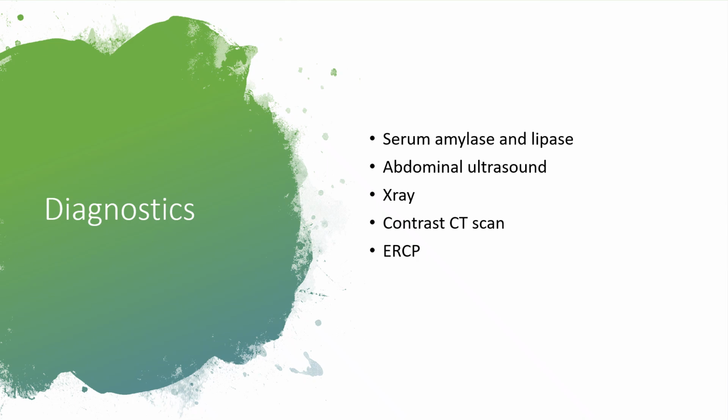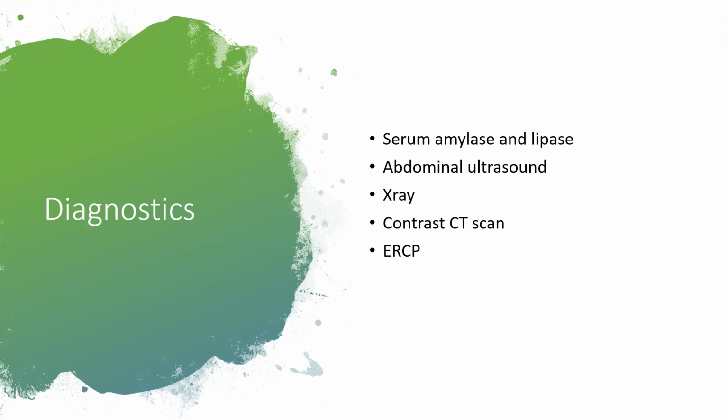Some of the diagnostic tests: we're going to look at the serum amylase and lipase blood levels. We can do an ultrasound, which can identify gallstones, maybe a pancreatic mass, or a pseudocyst. The endoscopic ultrasonography can detect changes indicative of chronic pancreatitis in the pancreatic duct.